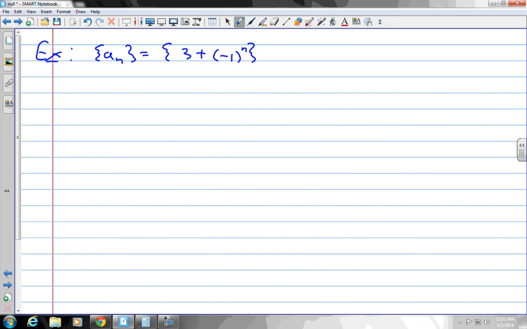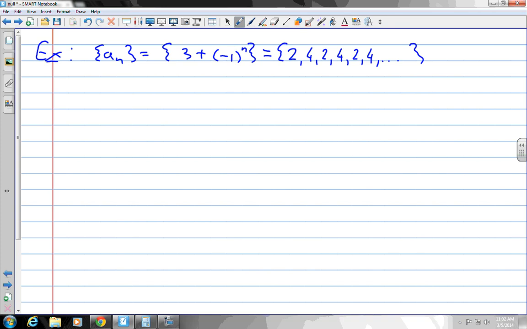Does the limit exist? No, right? What are the elements of this sequence if I actually list them? When n is 1, you subtract. When n is 2, you add. When n is 3, you subtract. When n is 4, you add. Every time n is odd, you subtract 1. Every time n is even, you add 1. So it's going to be 2, 4, 2, 4, 2, 4, and so on.